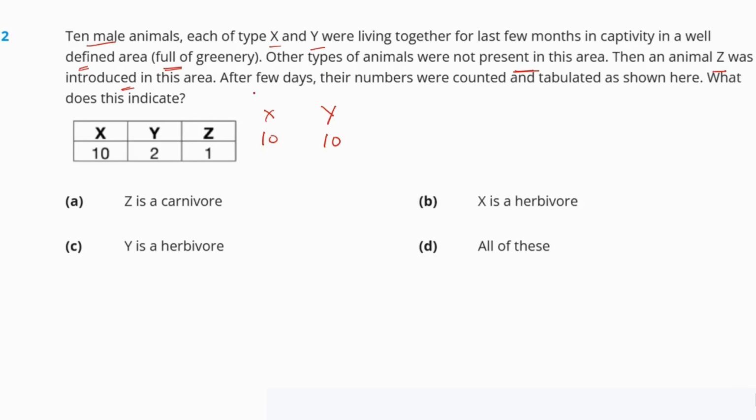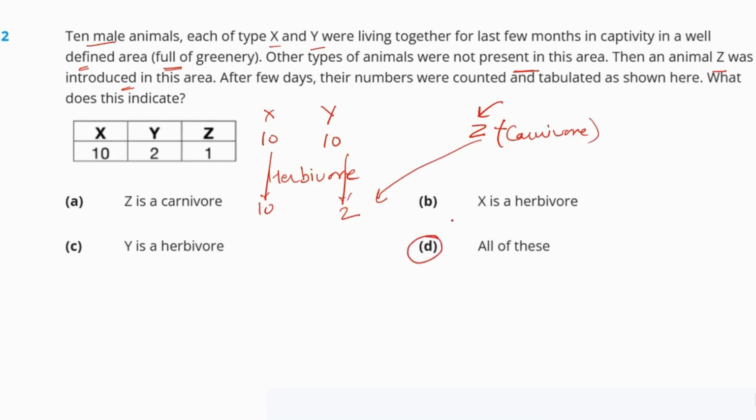That means they were not going outside the boundary, and it was full of greenery, so they both are herbivores. After some time, an animal Z was introduced, and X remained 10, but Y came down to 2. That means Z was feeding upon Y. So Z is what? Z is a carnivore. Correct. So our answer would be option D, all of these.